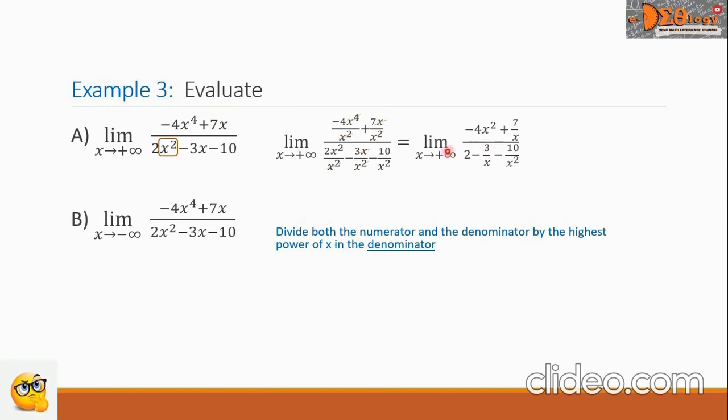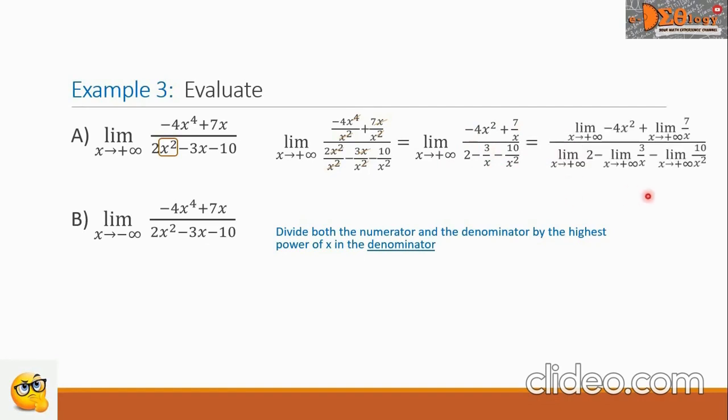So we have now the limit of negative 4x squared plus 7 over x all over 2 minus 3 over x minus 10 over x squared. And then let us show that we're going to take the limit of each of the terms in the numerator and denominator respectively.